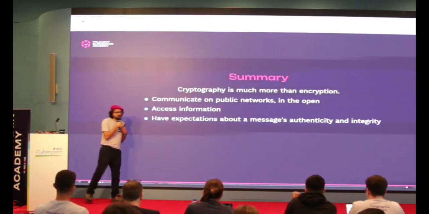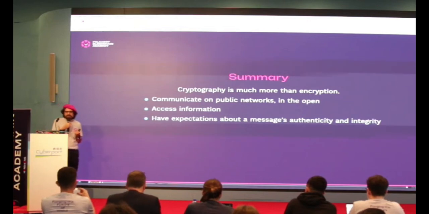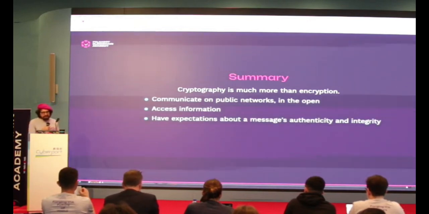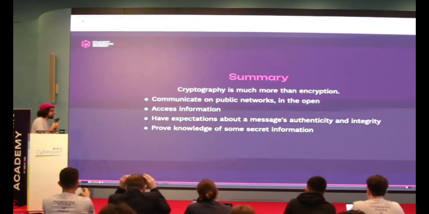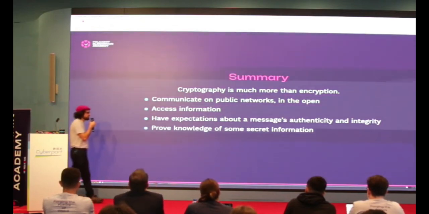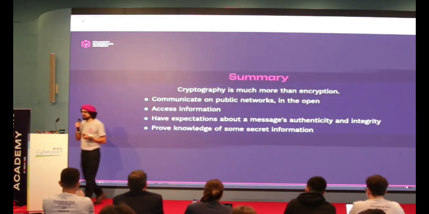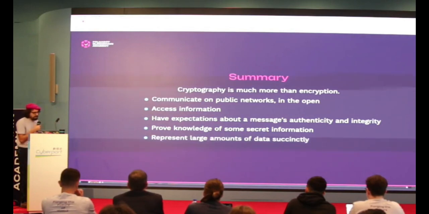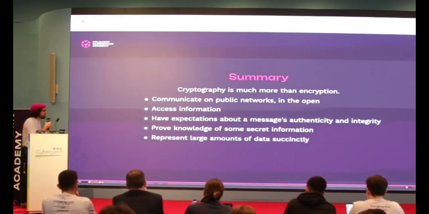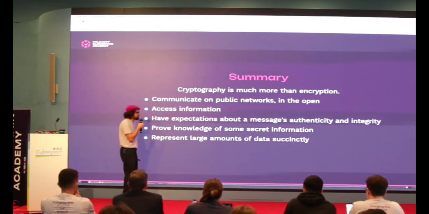It can help us to hold the expectation that a message is authentic from the author that we expect, and its integrity is untouched. We talked about digital signatures, which help us prove to other people that we know some knowledge without revealing our secret key. And we talked about hash functions, which help us to represent big data succinctly.